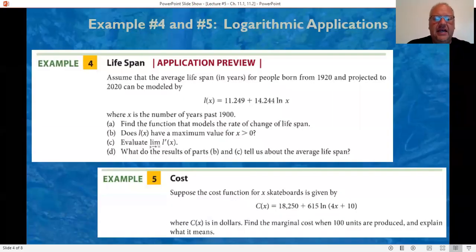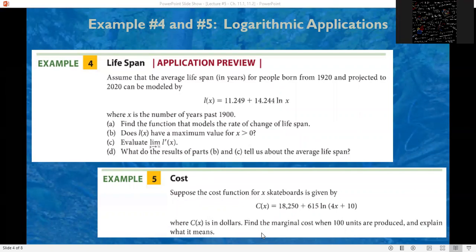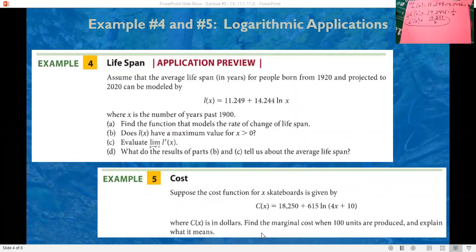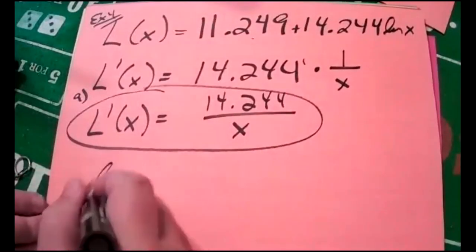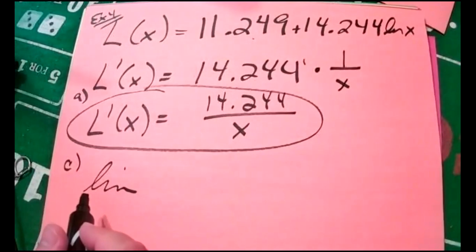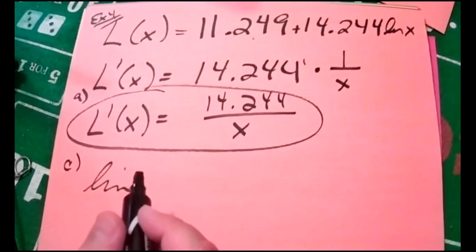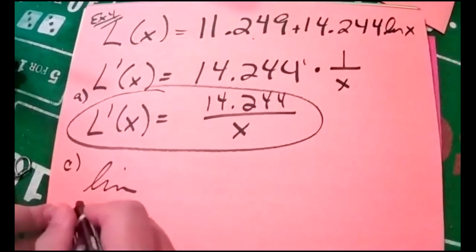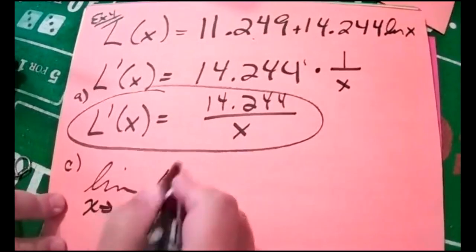of our example is asking, evaluate the limit as x approaches infinity of the derivative. Okay, the derivative. So let's take a look at that. We're asking to find the limit, this is part C, as x approaches infinity of the derivative.